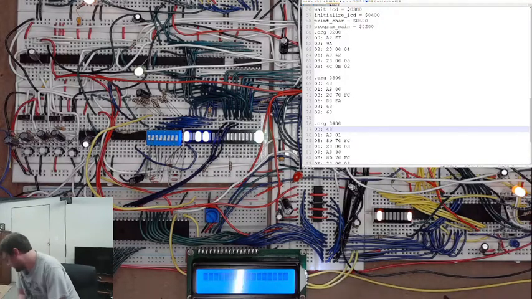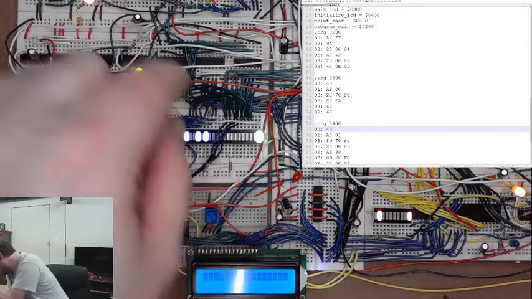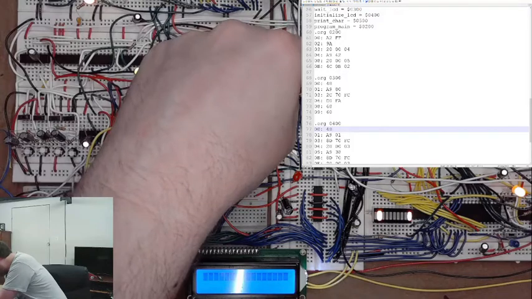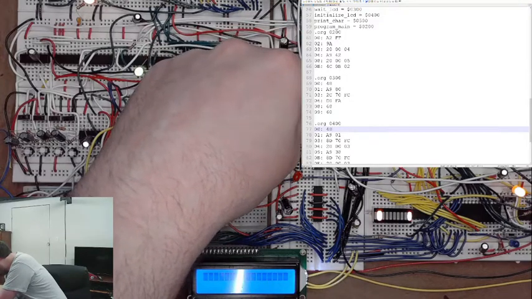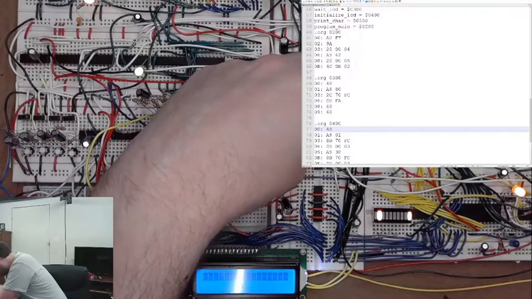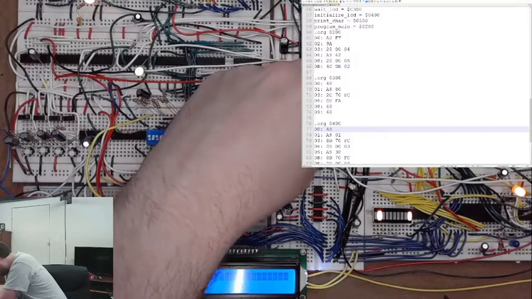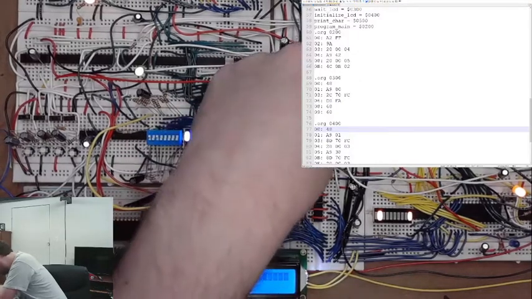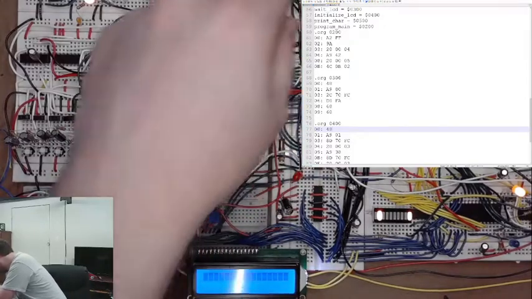Let me go ahead and plug this other thing back in and see if it started working or if it's being weird. Let's see, yep, that's the one I permanently plugged into positive. Let me plug it back into where it's supposed to be, which is here.